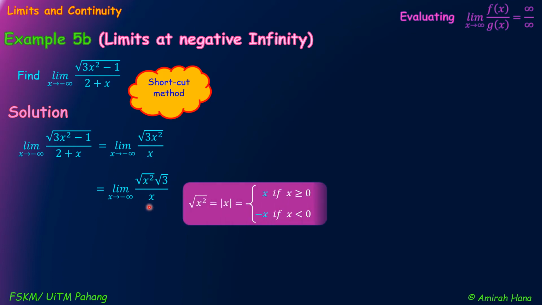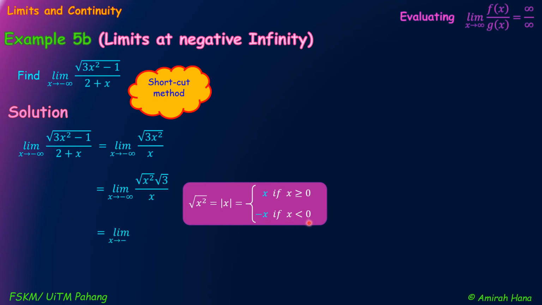From here, we have square root of x squared equals modulus x. We choose modulus x equals positive x if x is greater than or equal to 0, and modulus x equals negative x if x is less than 0.